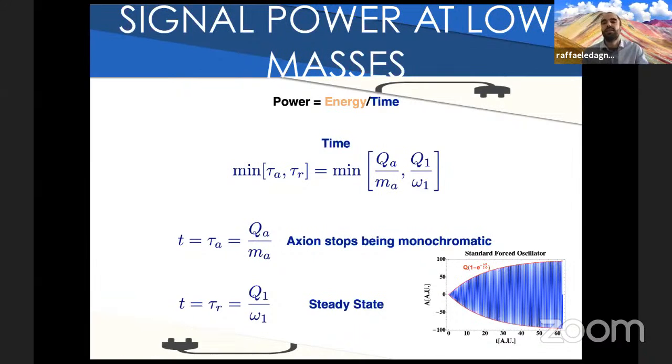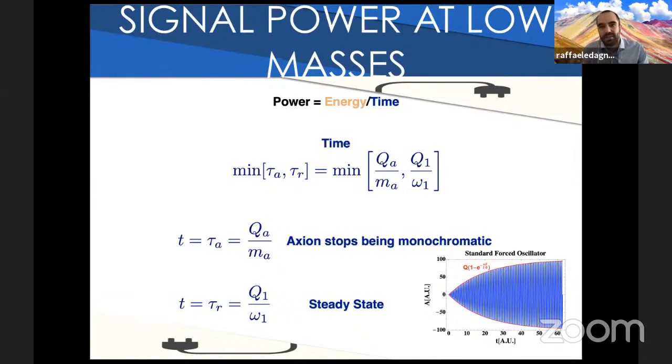You reach a state of equilibrium in your resonator where dissipation and the power you put in become equal. And so whichever of these two things happens first determines the maximum signal power that you can have in your experiment. If you take the resonant frequency to be the same as the axion mass, you see immediately from this equation at the top of the page that what matters is the minimum quality factor. So there is no point in building a resonator with high Q.